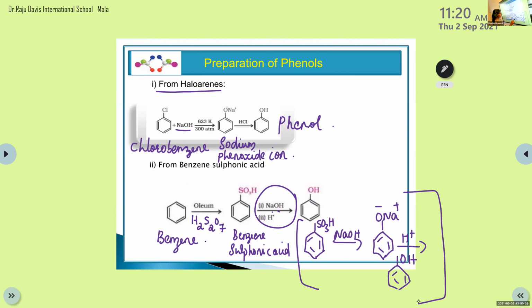Again, the sodium phenoxide ion is formed, similar to the previous reaction. Then again on acidification of the sodium phenoxide ion, phenol will be obtained. Here this step is included there, but it is not represented in the reaction. That's it.